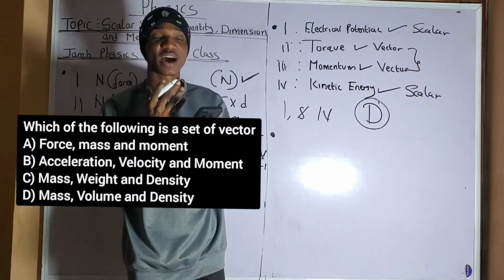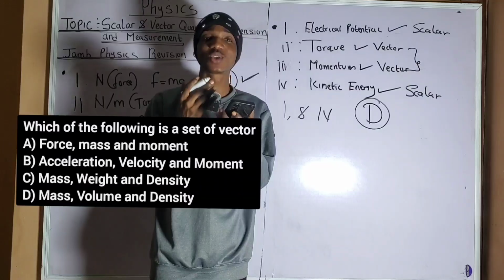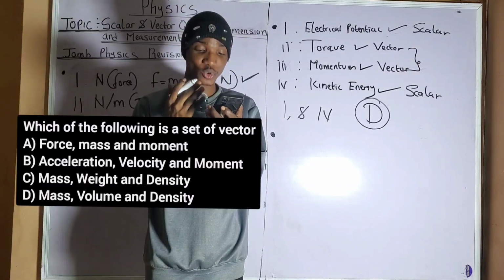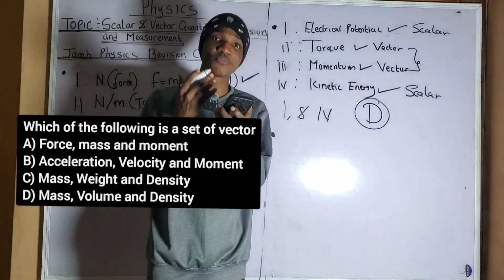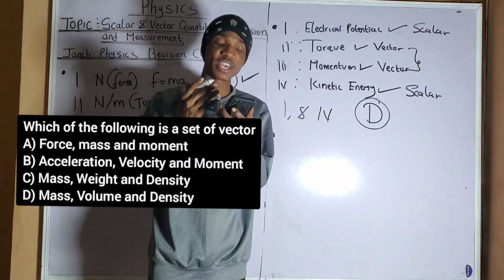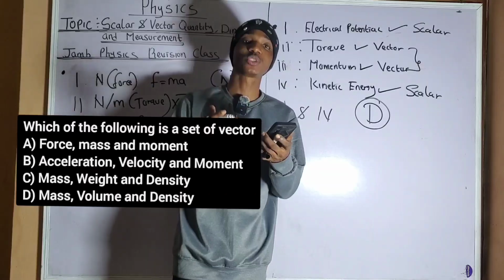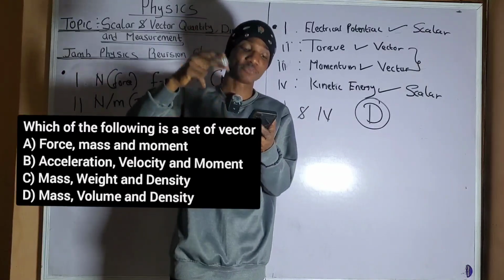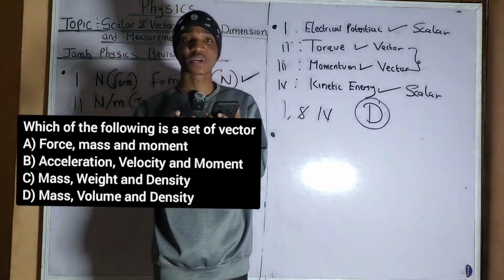Force is a vector quantity, you know, yes, but mass is not a vector quantity. Moment is also a vector quantity, but because of the presence of mass, option A is disqualified. Do you understand? The option that we are going to choose, all the quantities there must be vectors. So option A is disqualified because of the presence of mass.